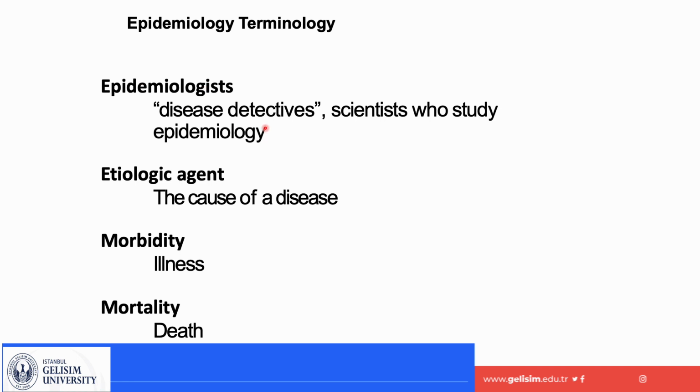So again, an epidemiologist is a scientist that specializes in the field of epidemiology. Now, what are etiologic agents? This is what is causing the disease. So the cause of the disease is the etiologic agent. What's the morbidity?